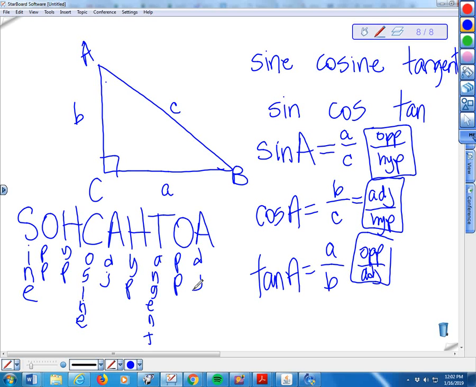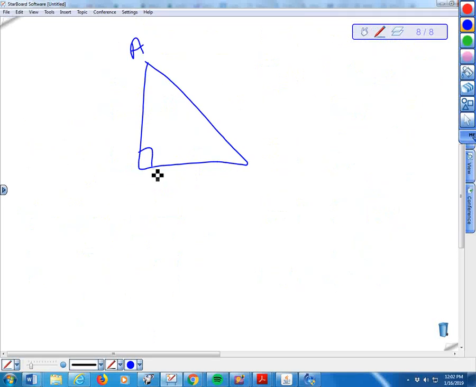Okay? So how we use this: I know 3, 4, 5 is a triple, so I know those are good values that would make this a right triangle. If I want to find sine of A, well, SOHCAHTOA, so OH tells me it's opposite of A over the hypotenuse. So sine of A is 4/5.